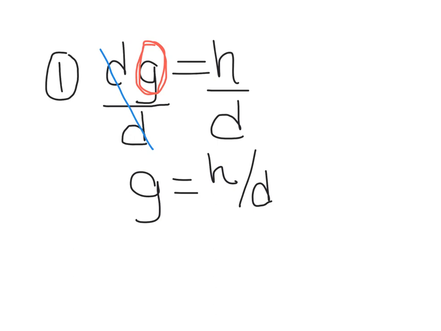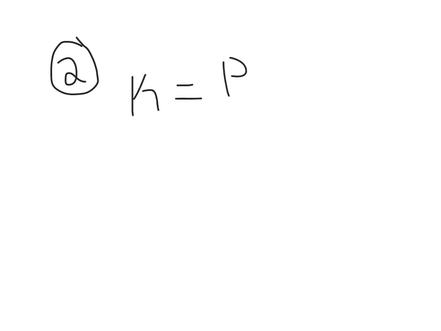So let's try number 2. Number 2 says that I have k equals p over t, and the problem says that I want to solve for t.